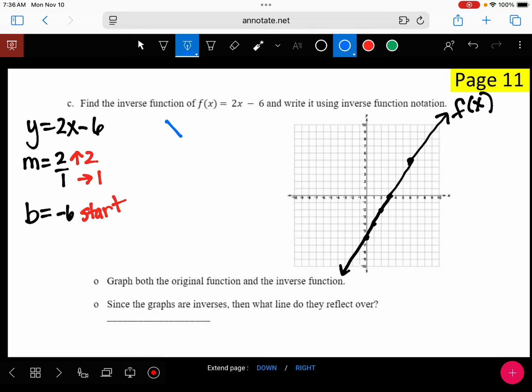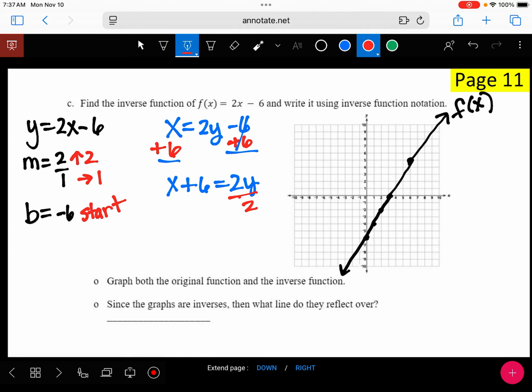Now we're going to switch it. X equals 2y minus 6. So first we add 6. So we have x plus 6 equals 2y. Now divide everything by 2.